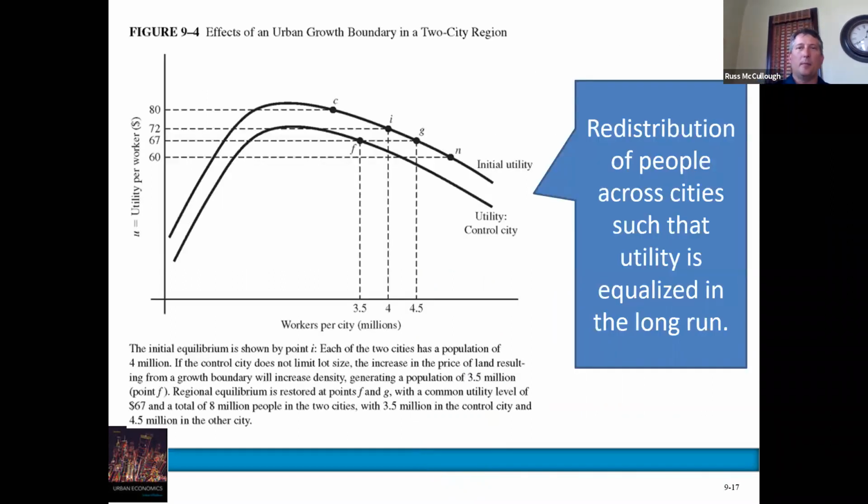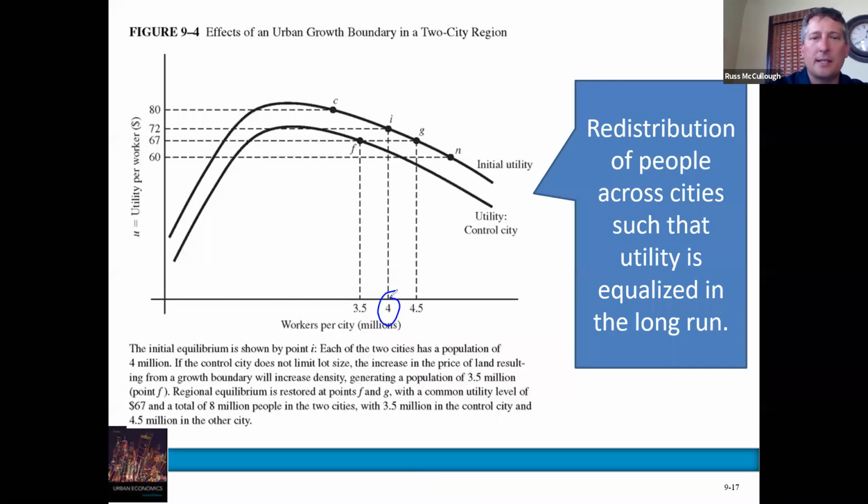And what happens within is, again, using our utility model, we end up getting this redistribution of people across the cities. And again, starting off with 4 people, we have a population.